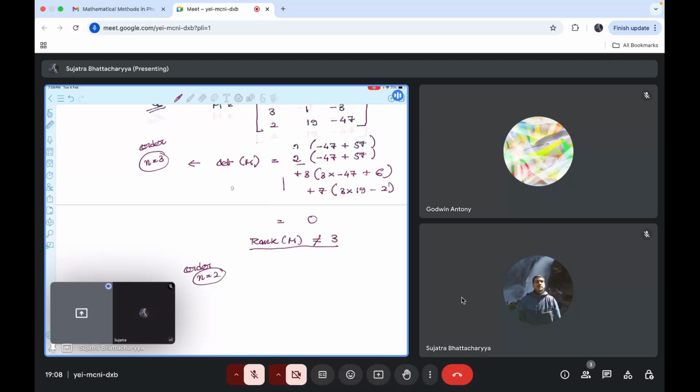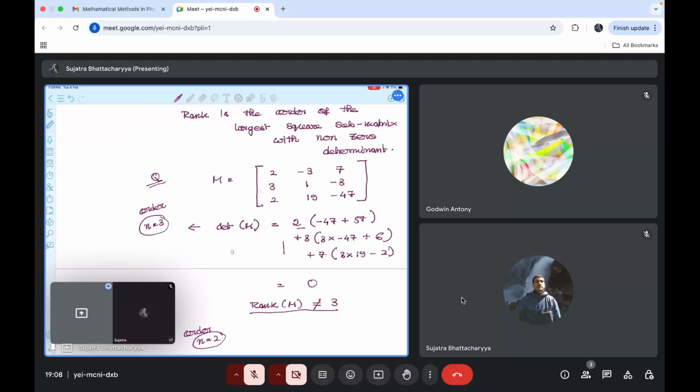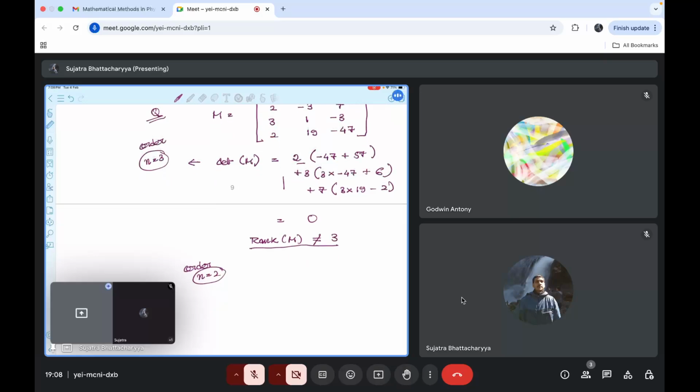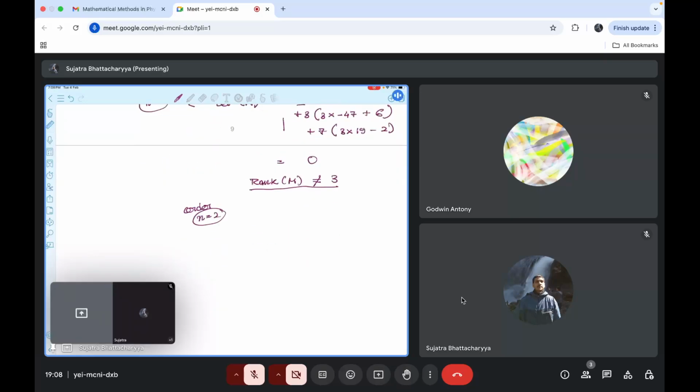So there will be so many submatrices. You have to calculate all those. I think there will be some 9 because 3 by 3 is there. So I think some 9 submatrices will be there. You have to calculate each. If one of them is non-zero, then that is the rank. So you take M1, suppose. It is 2, minus 3, 3 and 1.